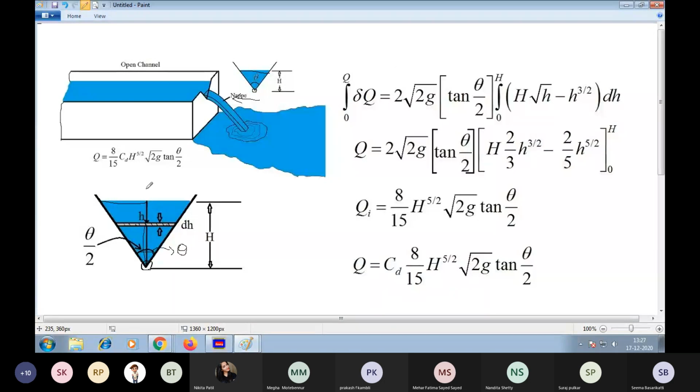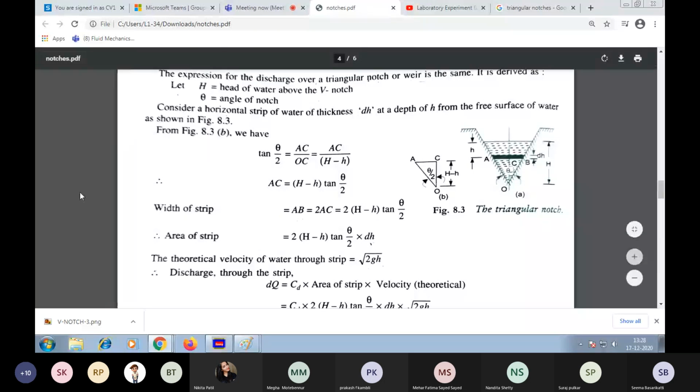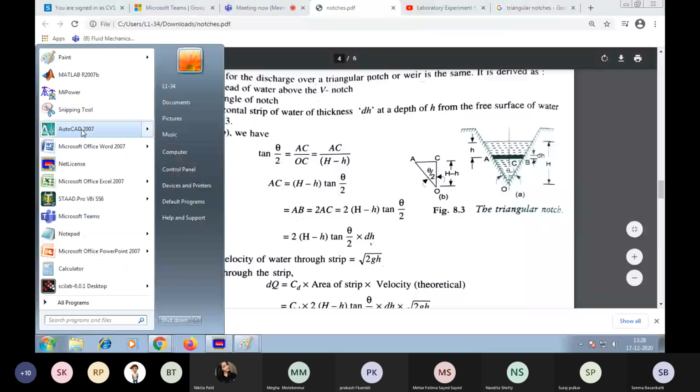When you divide it, it will form a right angled triangle, and this angle will be theta divided by 2. Now I'm going to consider one right angled triangle and name it ACO. Suppose I take this particular portion, are you understanding what I'm saying?